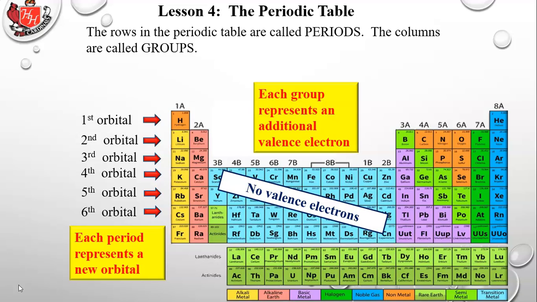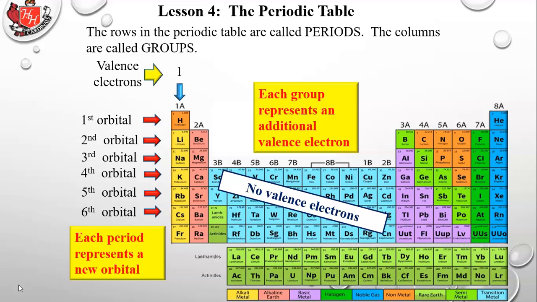So the first column, the 1A column, has one valence electron. So hydrogen has one orbital, that's its valence orbital, and in that orbital it has one valence electron. If you go over to the other side, and the first row is unique in this, helium has 2 valence electrons because it's the second element in its row.